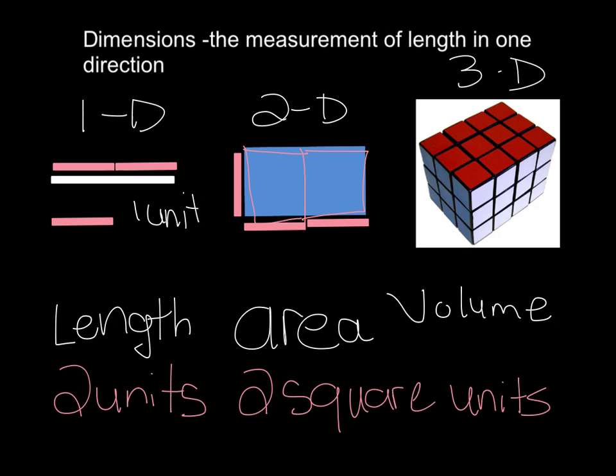Okay. In this picture, they've already cut this prism up into square blocks. So you can see this is one 3D block, and that's going to be 1 cubic unit.